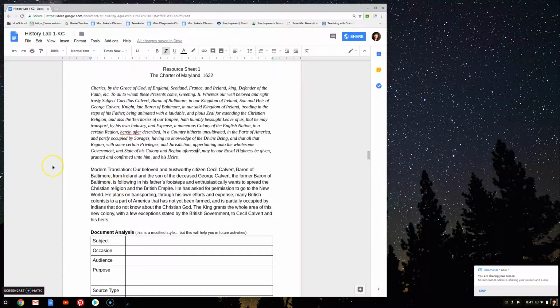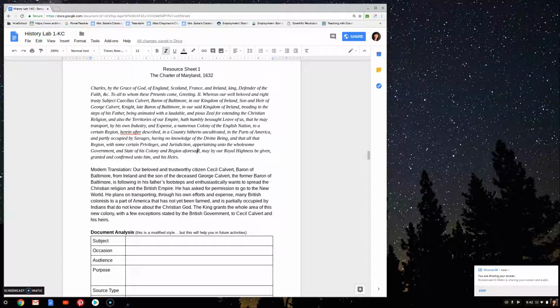Modern translation. So this says, our beloved and trustworthy citizen, Cecil Calvert, Baron of Baltimore, from Ireland, and the son of the deceased George Calvert, the former Baron of Baltimore, is following in his father's footsteps and enthusiastically wants to spread the Christian religion and the British Empire. He has asked for permission to go to the New World.